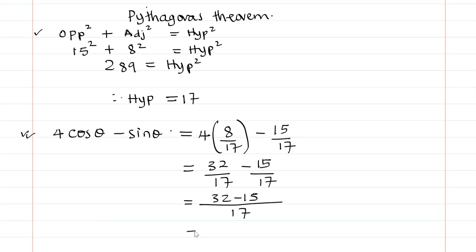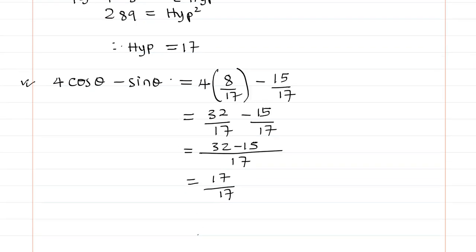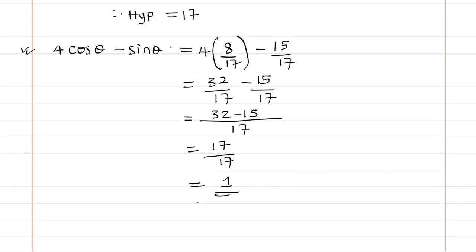So on the numerator I'm getting 17 out of 17. Then 17 out of 17, you divide, it gives us 1. Therefore the answer is 1. Therefore 4 cos theta minus sine of theta is simply 1.